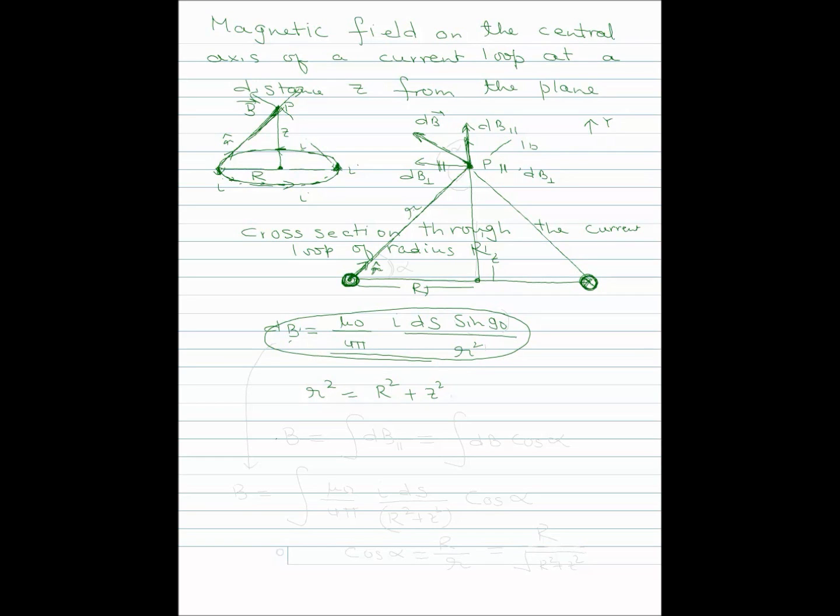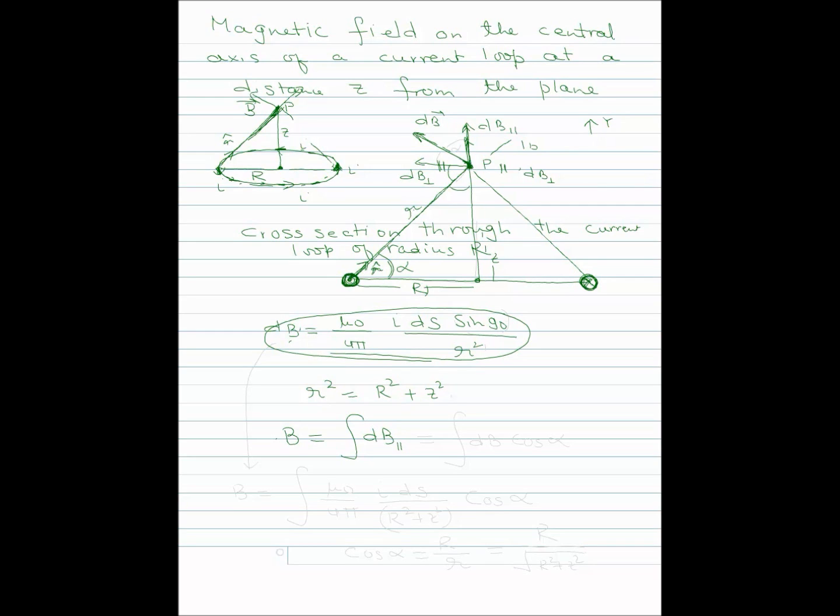All we need to now worry about is the magnitude of the magnetic field, and that magnitude is going to be the integral of dB parallel. So what is dB parallel? Well, notice that if this, let's call this angle alpha. If this angle is alpha, then I hope you can see that from this right angle triangle here, this angle is 90 minus alpha.